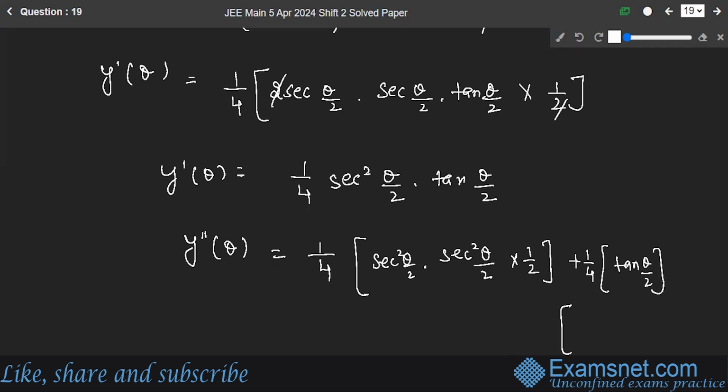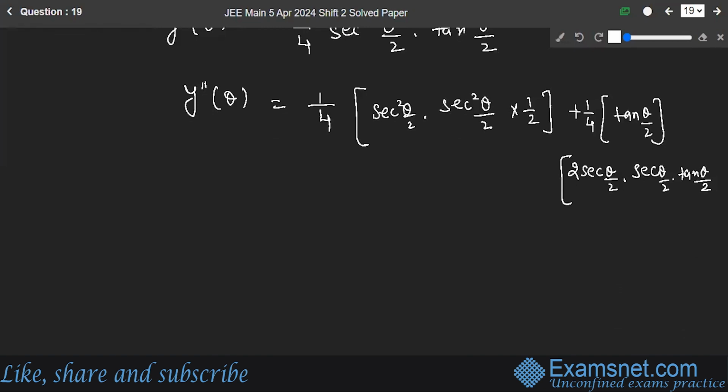So tangent theta by 2 into derivative of secant square theta by 2, which will give me 2 secant theta by 2 into secant's derivative, secant into tangent. And this whole thing will be multiplied by 1 by 2, which is the coefficient of theta.